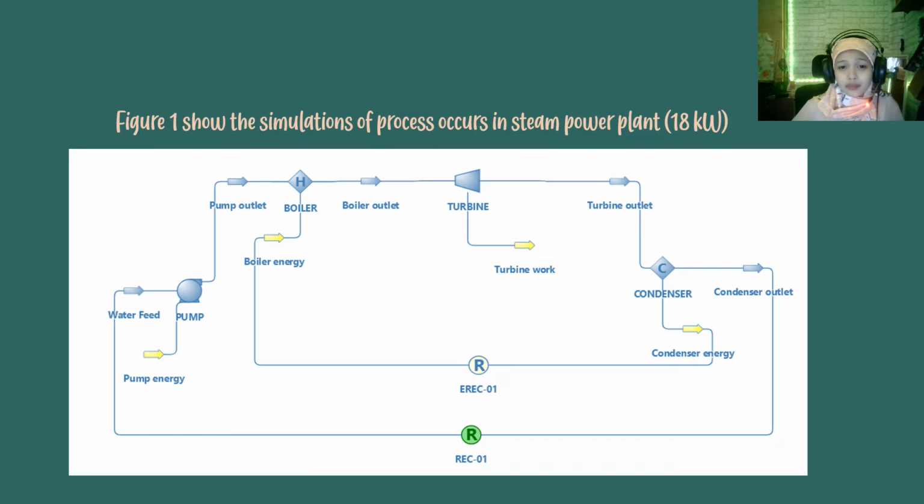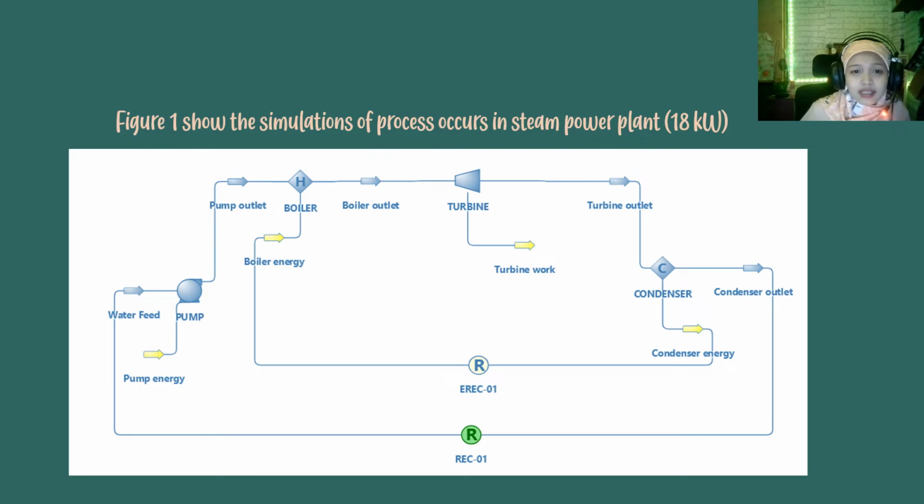Figure 1 shows the simulation of the process occurring in the steam power plant for 18 kilowatts from the turbine. This simulation was created in DWSIM software.